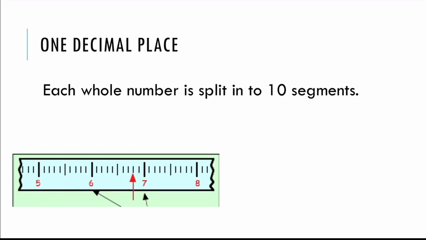Each whole number is split into 10 segments, and we do that by counting the gaps between the lines. So if you count the small gaps in between each line, you'll see that there's 10 of them. And we know that this middle one cuts it in the middle, which means that is 6.5.